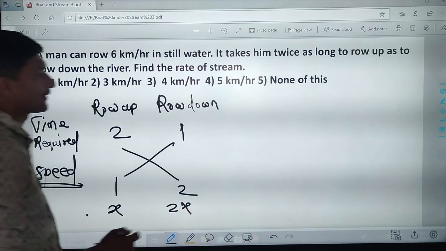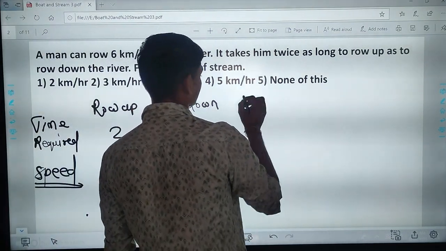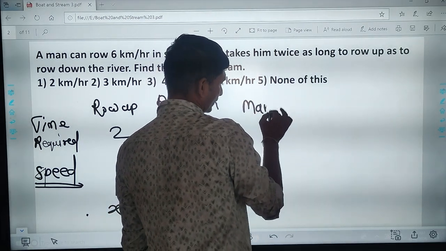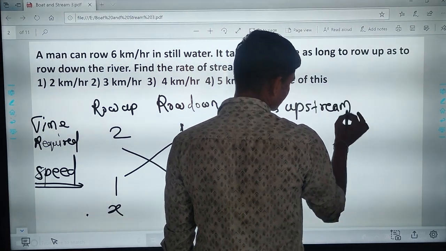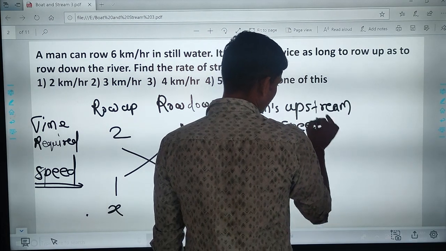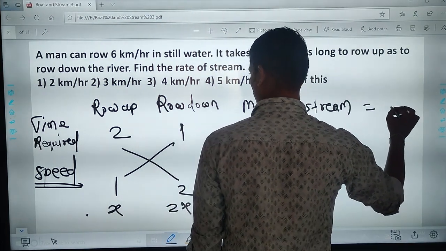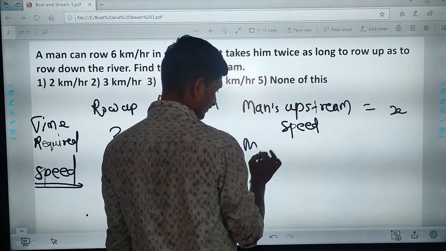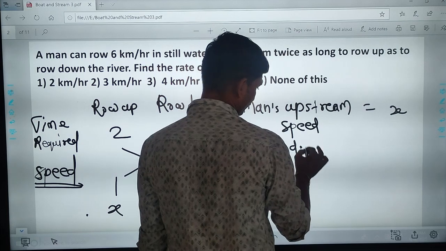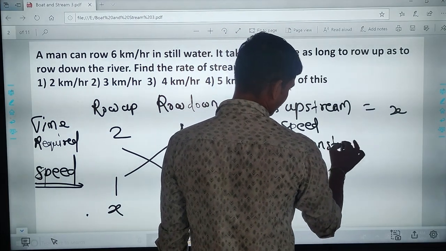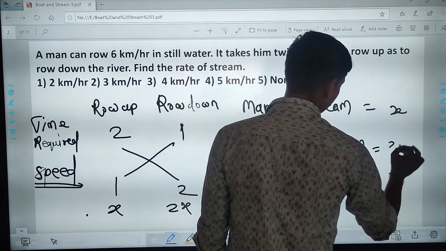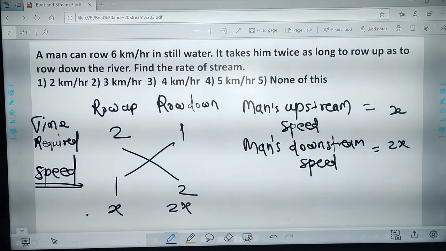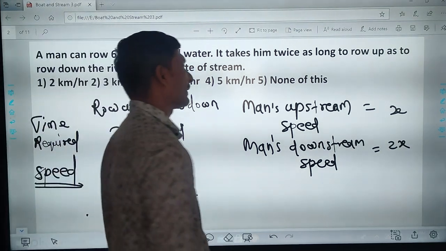The man's downstream speed is 2x. Here we have to find the rate of stream.